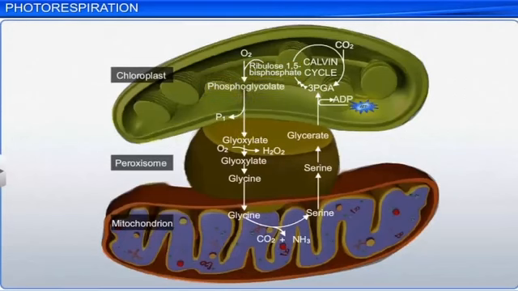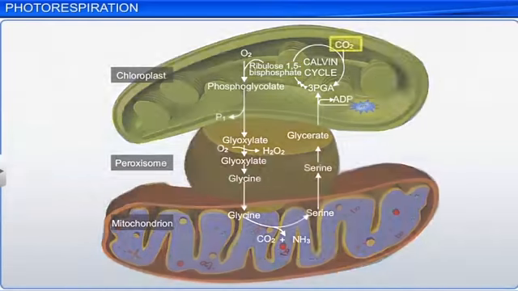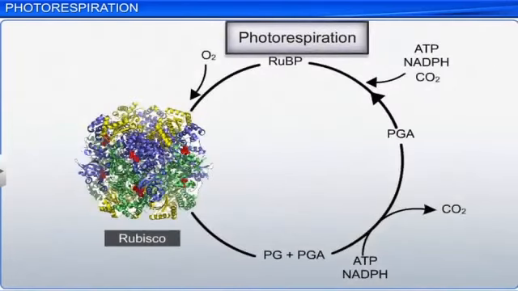In these plants, oxygen binds with rubisco during photosynthesis, which results in reduced carbon dioxide fixation. Additionally, this process does not result in the synthesis of sugars nor of ATP or NADPH. However, it utilizes energy in the form of ATP.